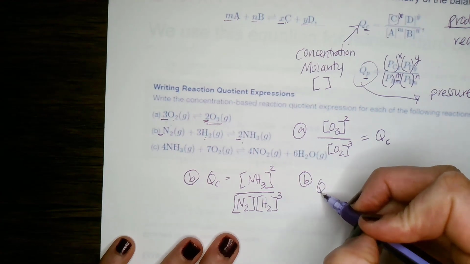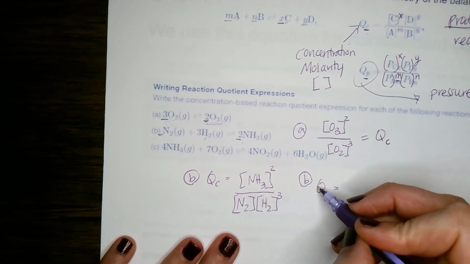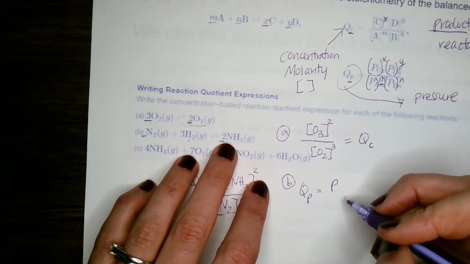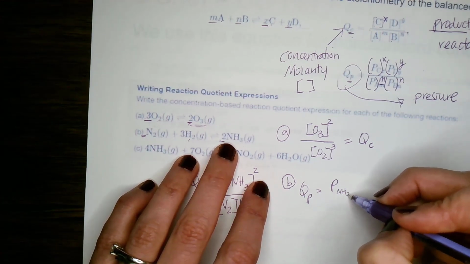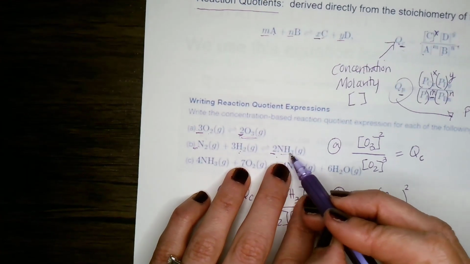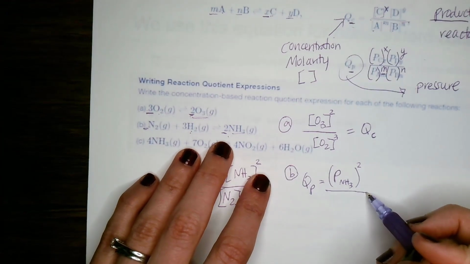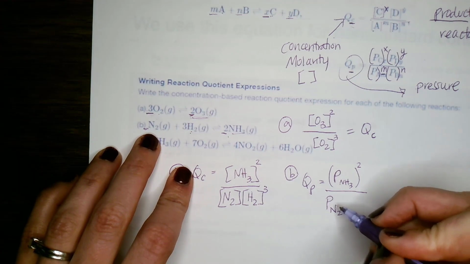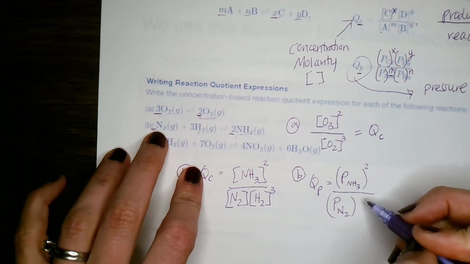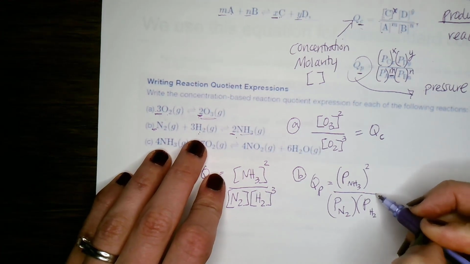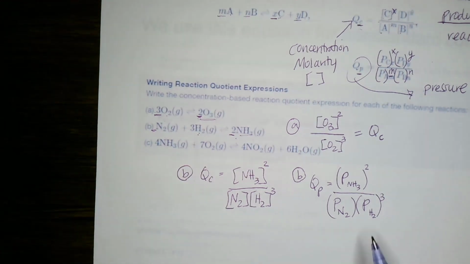Then I would say QP, my reaction quotient for pressures, would be the pressure of NH3, whatever that value is, to the second power, over the pressure given to me of N2, again, to the 1 power, times the pressure of H2 to the third power. Notice these look very similar.